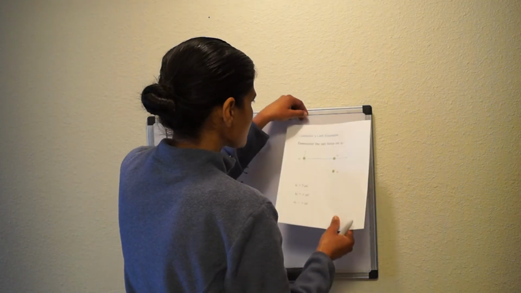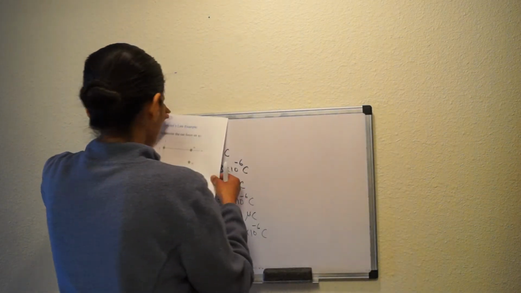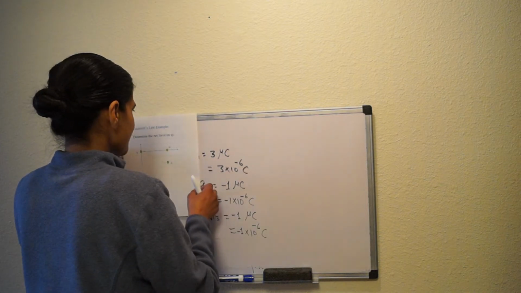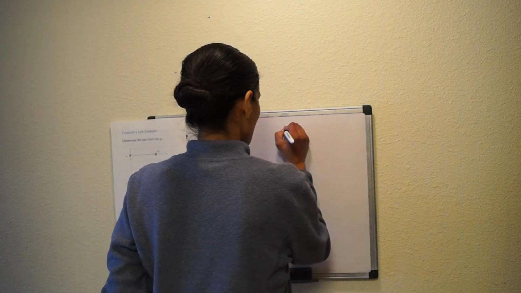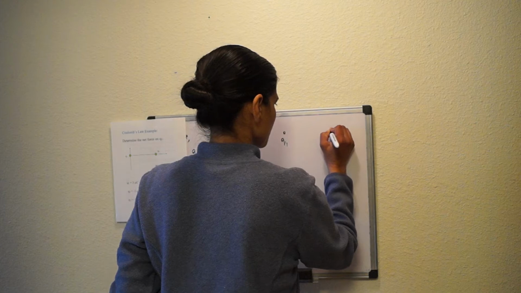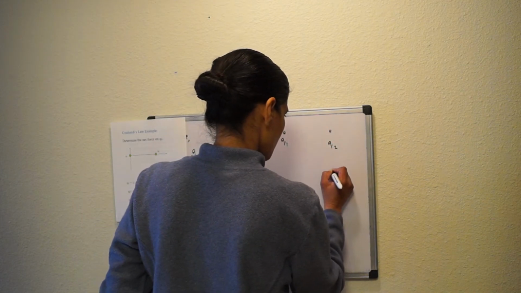The configuration is like this, so I'll draw it here. Q1 is over here, there is a Q2 over here, and then Q3 is over here.